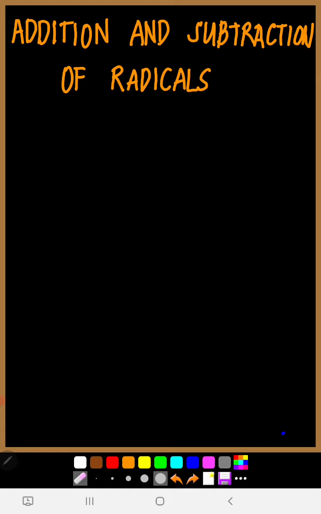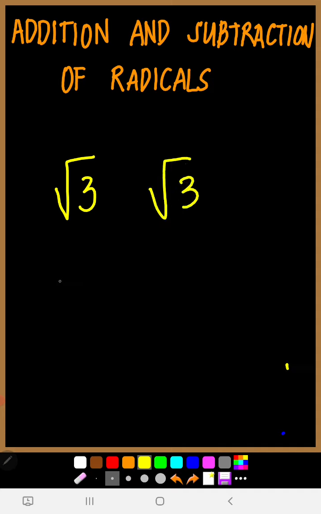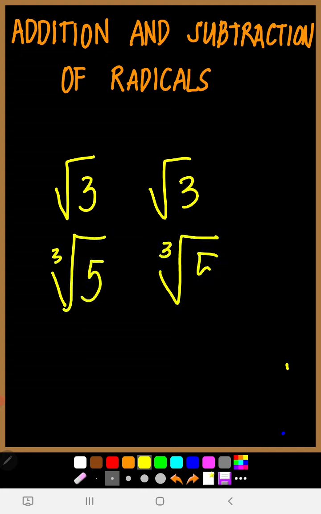Para ka lang nag-a-add ng magkakapare-parehas. Okay? When we say pare-parehas, similar radicals, these are radicals that have the same index. Kunyari, square root of 3, ang kaparehas niya is square root of 3. Cube root of 5 is the same as cube root of 5.